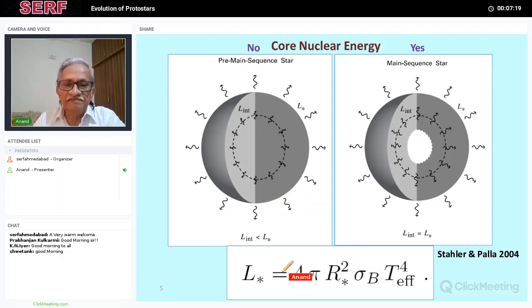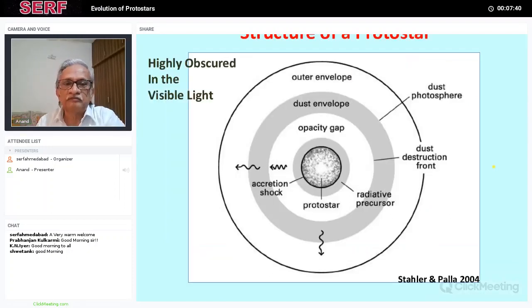In this also the same formula, but here we have reached an equilibrium. In the earlier case, the luminosity is ever changing with time. Here it is not so, it has now reached equilibrium and therefore it's constant. So in this situation, the L internal is the same as the L star on the surface. So that is the difference.